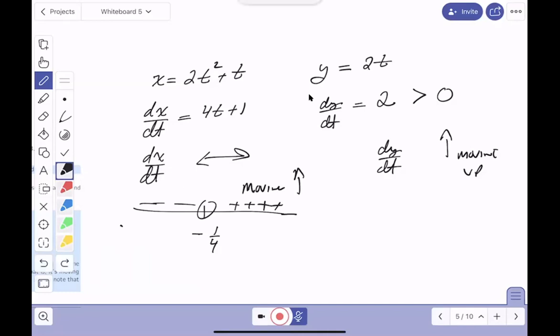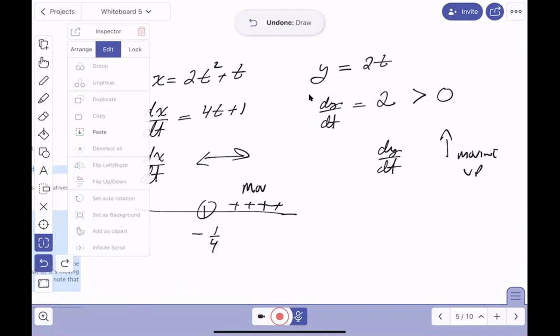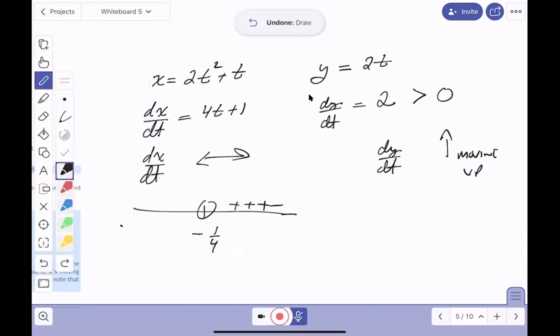I'm confused. We're doing the x direction now.